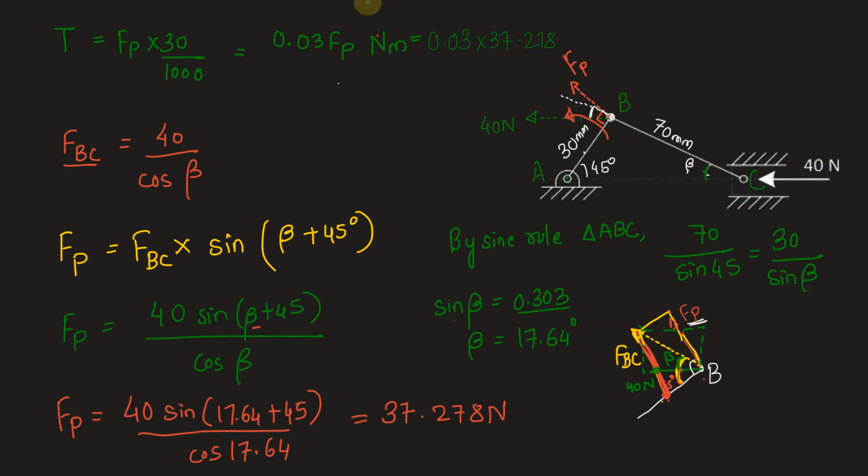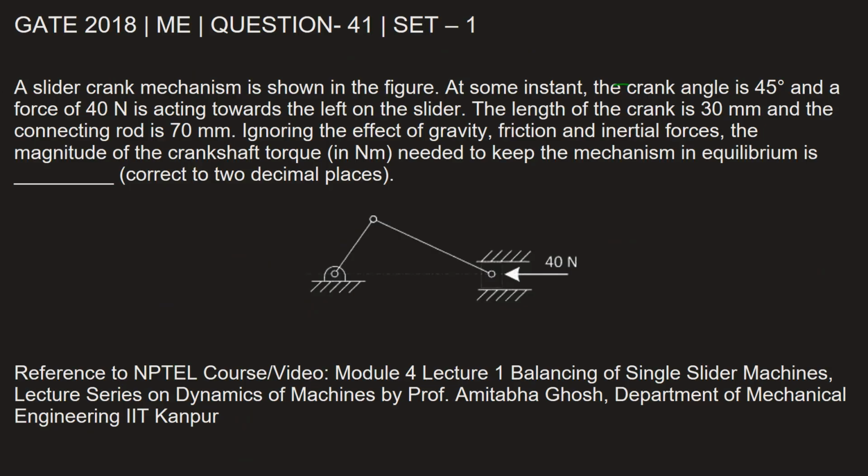So we get the value of torque in Newton meter to be 1.118 Newton meter. Let's go back and fill in this answer. So the answer here is the magnitude of crankshaft torque in Newton meter needed to keep the mechanism in equilibrium is 1.118, but we have to write the answer correct to 2 decimal places. So let's round it off 1.12.